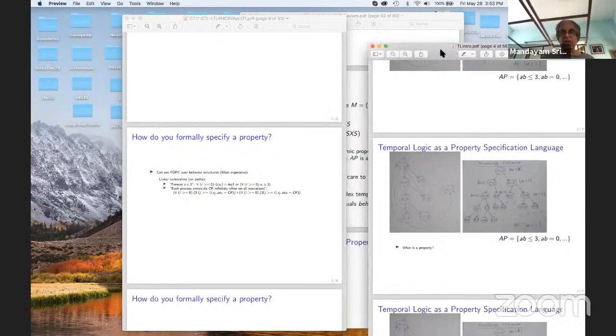We saw this example as well as the mutual exclusion example.